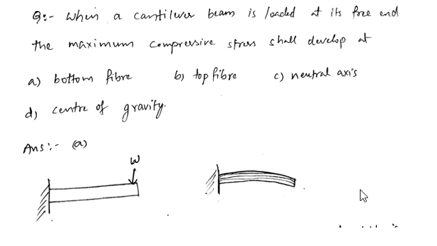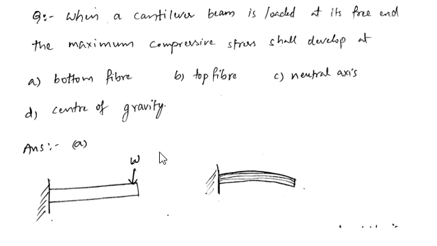And when we see the next question here, when a cantilever beam is loaded at its free end, the maximum compressive stress shall develop at: option A bottom fiber, option B top fiber, option C neutral axis, option D center of gravity. And here the answer is option A, bottom fiber.